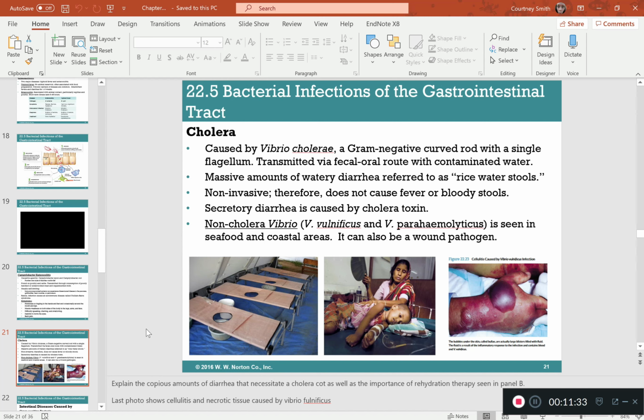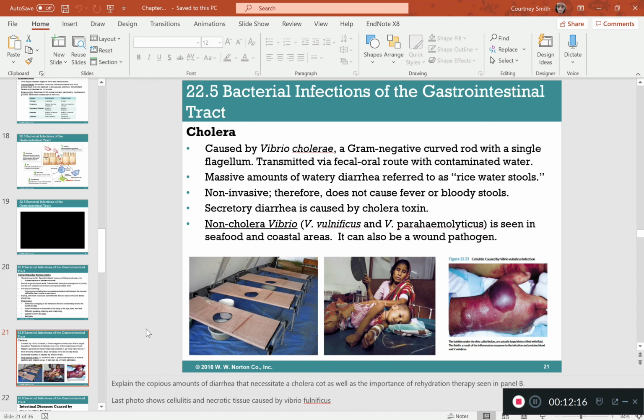So the big hallmark of cholera is that watery diarrhea, but there are some strains of cholera that do produce a toxin, and in that case, if a toxin is produced, then it causes a different type of diarrhea, which is the secretory diarrhea. And then there is the non-cholera vibrio. This is associated with seafood, and a lot of times it is present in wounds. So if you have a wound and then you come in contact with contaminated seafood, or you're in a coastal area, then you have the potential of getting non-cholera vibrio.